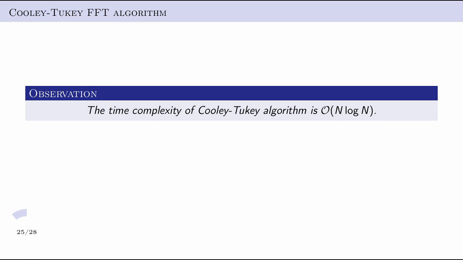So this amounts to n such multiplications. So if we take all together, we have n times log n. So the whole complexity of the Cooley-Tukey algorithm is big O of n log n.